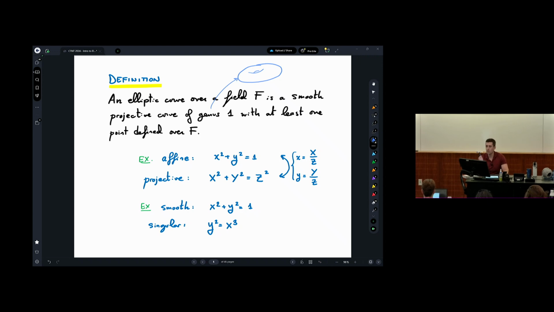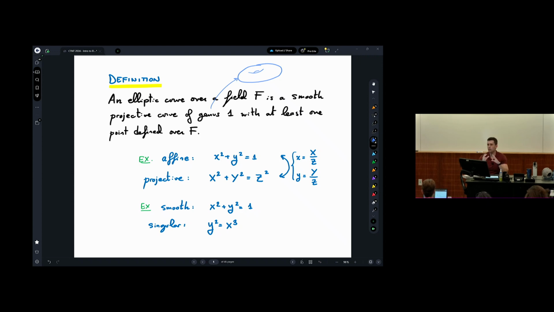Yes, there's a question. Could you give me a rough definition of variety? So a curve is a variety, a dimension 1 variety. A variety is an object that is defined by polynomial equations, by one or several polynomial equations, the zero set of a number of polynomial equations. For me that is a variety.